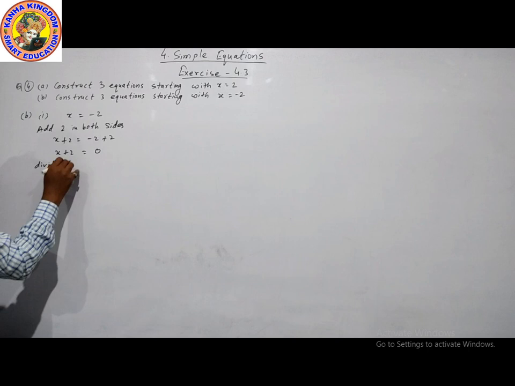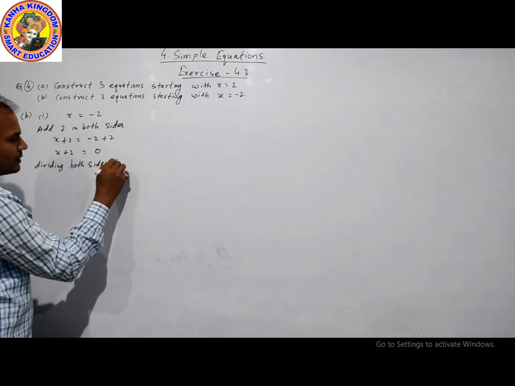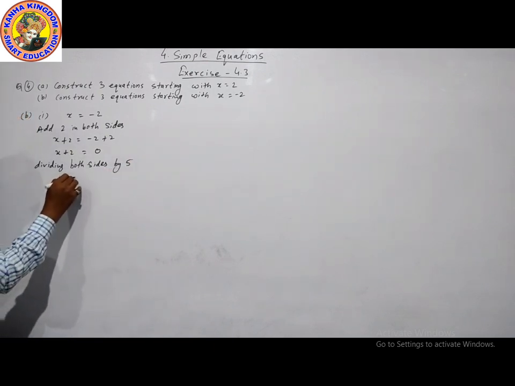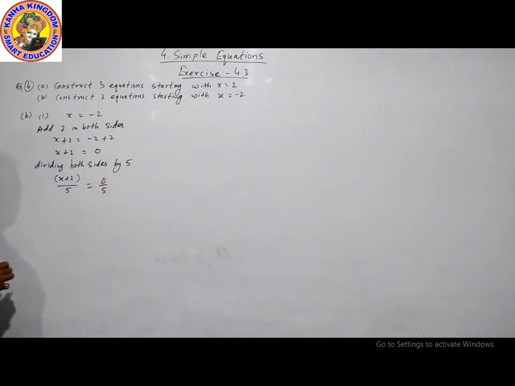Dividing both sides by 5. Now x plus 2 will divide by 5, 0 will divide by 5. In next step, we will subtract.